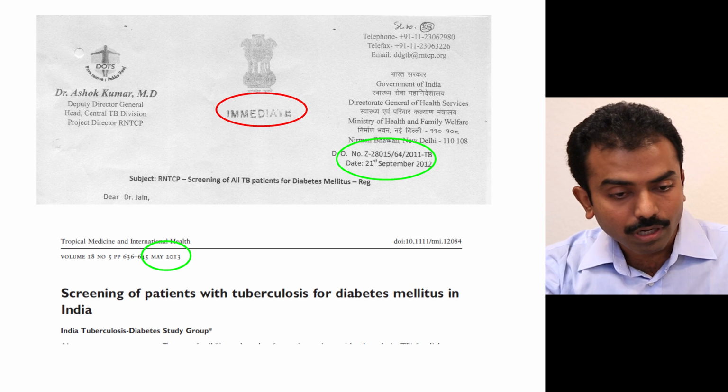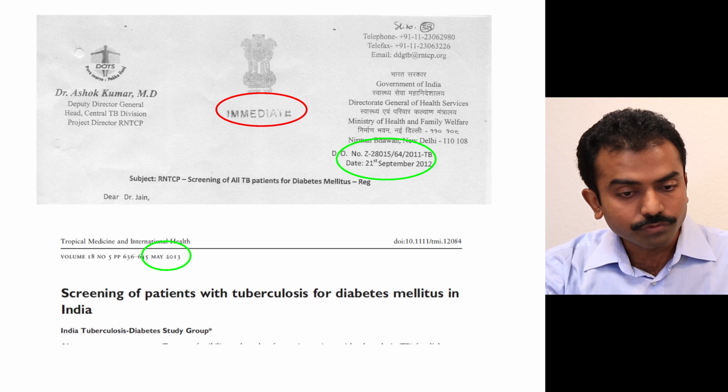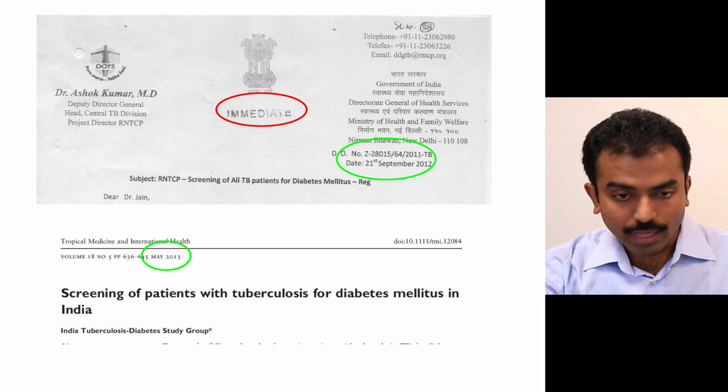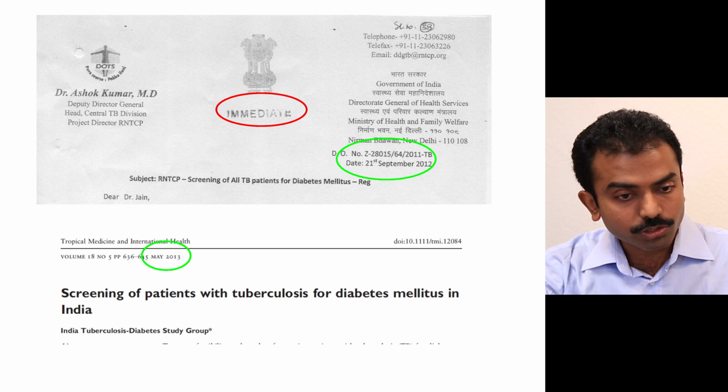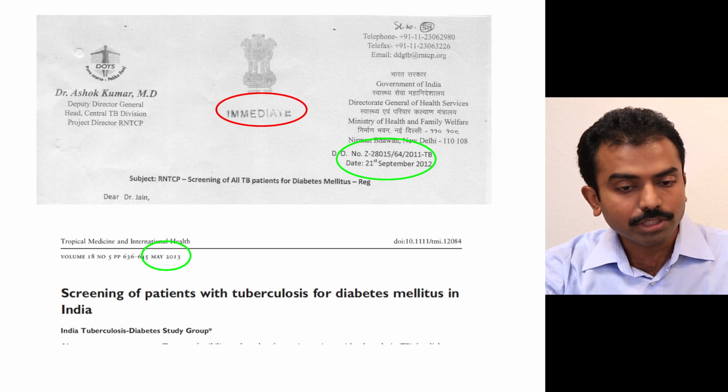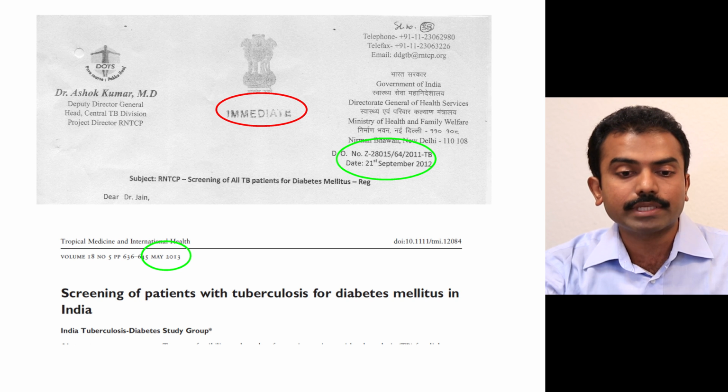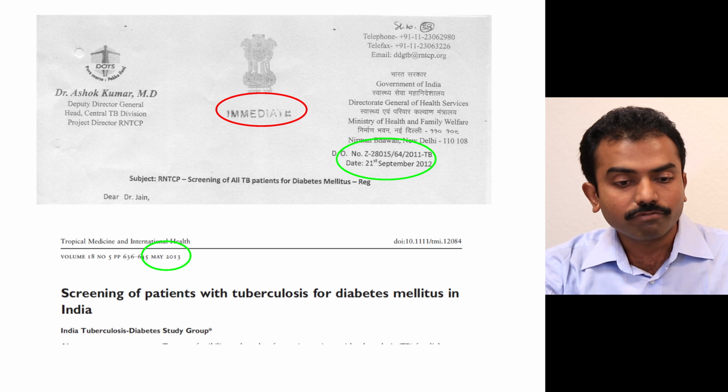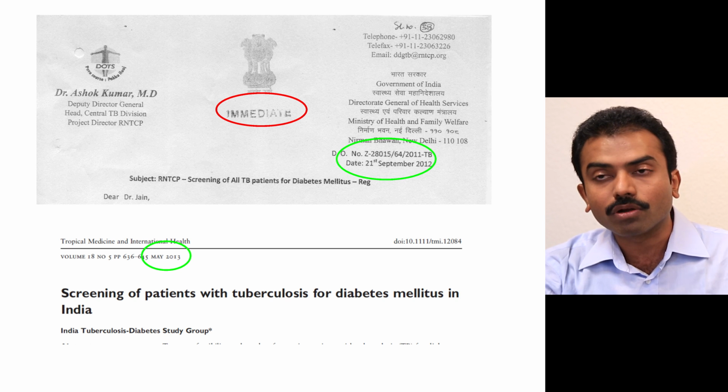Now, I want to make note of two things here. One, that this was an immediate policy decision that was taken. And in fact, if you look at the date of this particular government order, it was dated 21st September 2012. In fact, when the study was still ongoing.